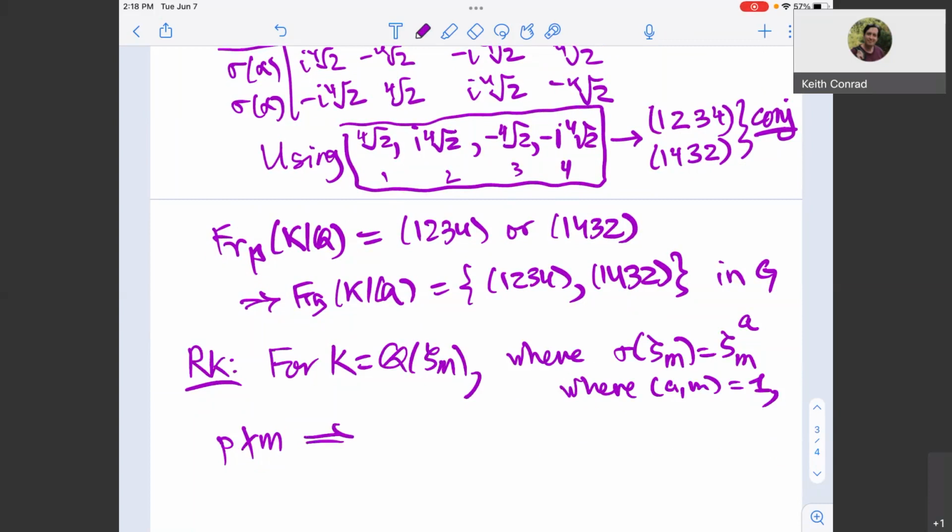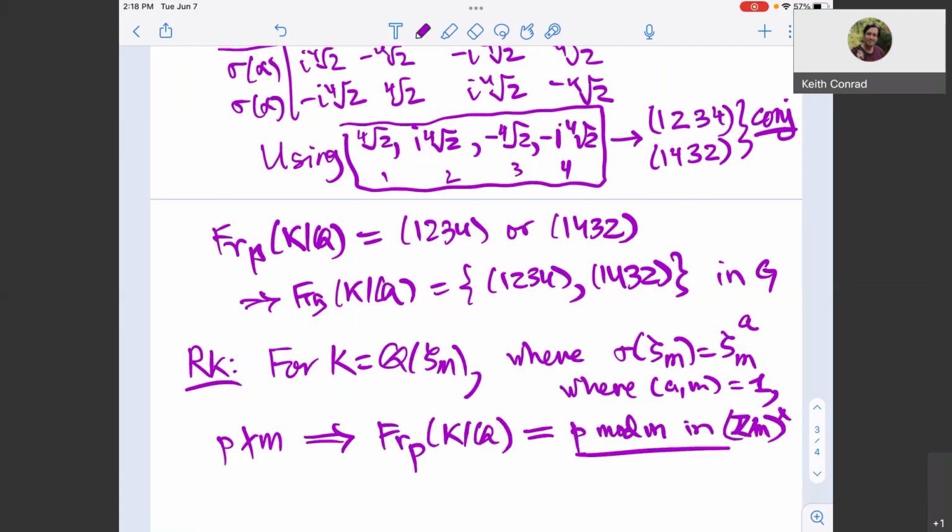For primes that don't divide m, the Frobenius elements, because this is an abelian Galois group, the units mod m, it is literally just the congruence class of p mod m in (Z/mZ)*. For all but finitely many primes, you get a distinguished element because the Galois group here is abelian. So conjugacy classes are individual elements. Okay.